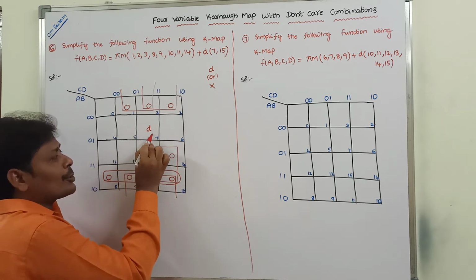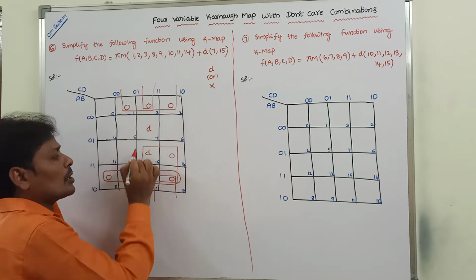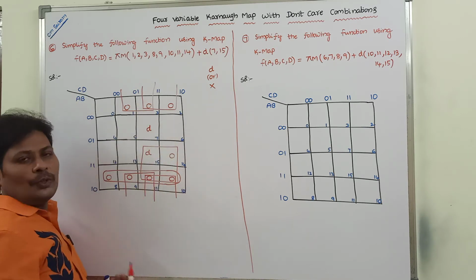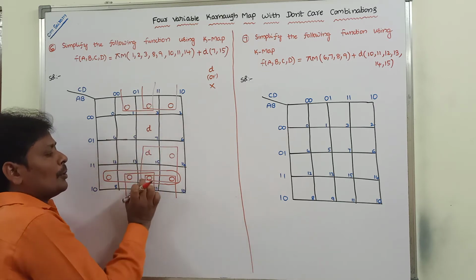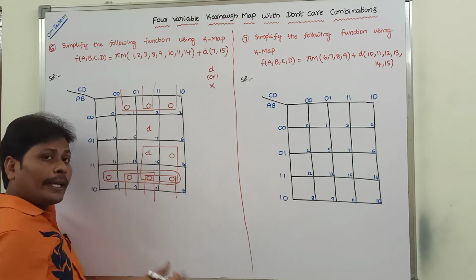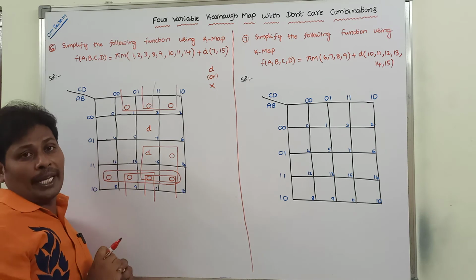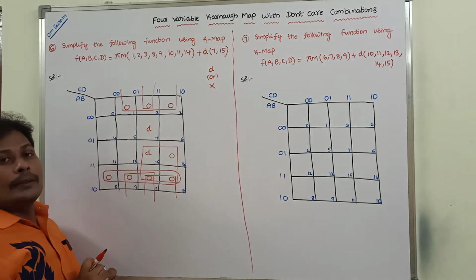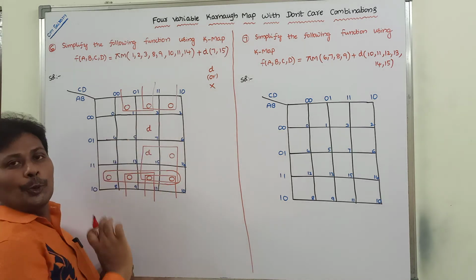Only for this don't care, is it possible to form a quad? No, it is not required, because this 0 and this don't care are already covered, and only one don't care is remaining.